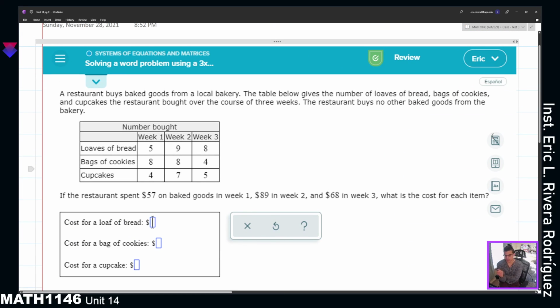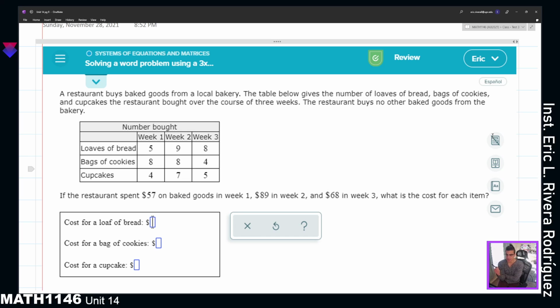So the exercise says a restaurant buys baked goods from a local baker. The table below gives the number of loaves of bread, bags of cookies, and cupcakes the restaurant bought over the course of 3 weeks. The restaurant buys no other baked good from the baker.